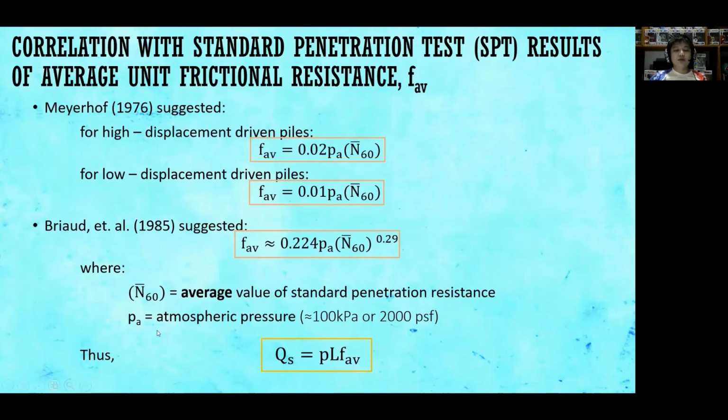And for our PA, it is the atmospheric pressure, again 100 kilopascals for metric and 2,000 psf for English. And to determine the frictional resistance value, it is equal to the perimeter times length L times the unit frictional resistance average, or F average.